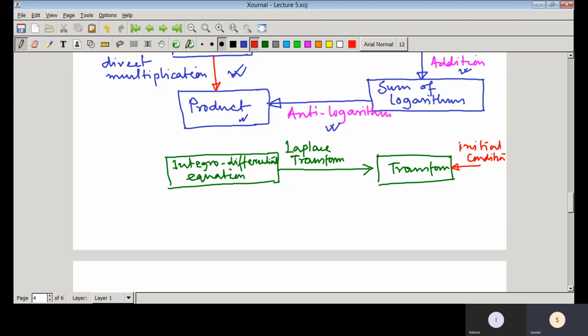And then after the transform, if you do some algebraic manipulation, we get the reversed transform.